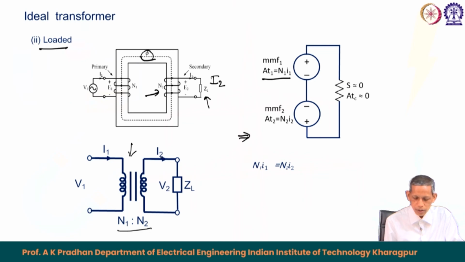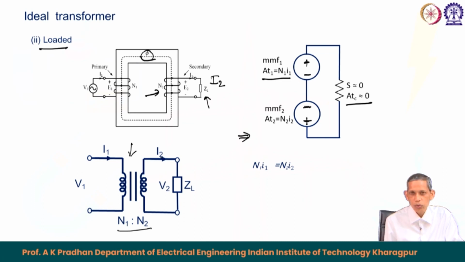If we provide the corresponding symbols as plus and minus, this will be minus and plus. So, they both oppose each other, and then the path between these two coils will be S, the reluctance, but for an ideal transformer S tends to 0.